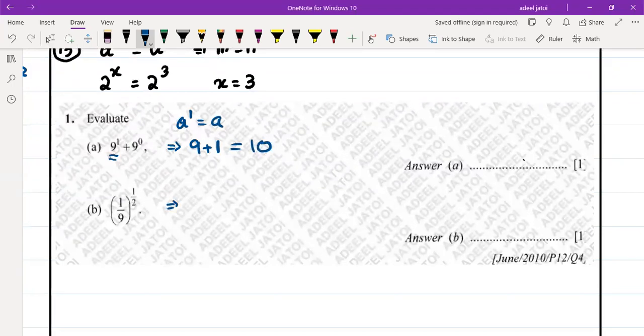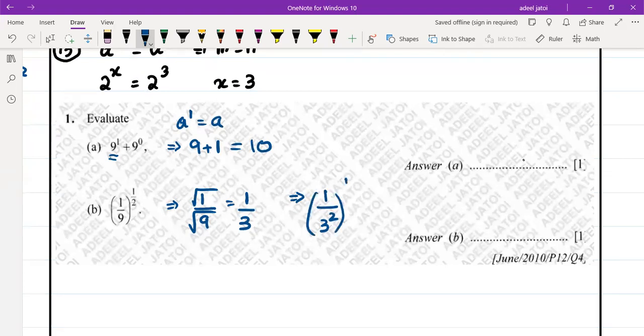Part B says 1 upon 9 to the power 1 upon 2. Now, there are two ways to do this. You can directly solve it as well. Since the power is half, we can write it as under root 1 and under root 9. Under root 1 is 1 and under root 9 is 3. But since we are using the rules, we can write 9 as 3 square.